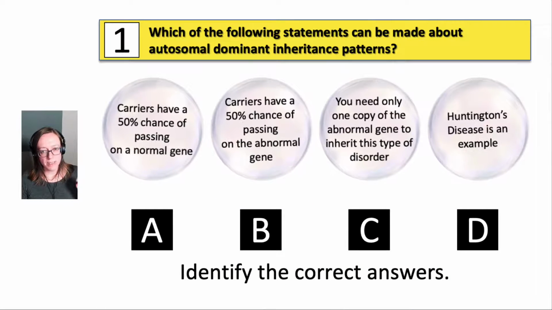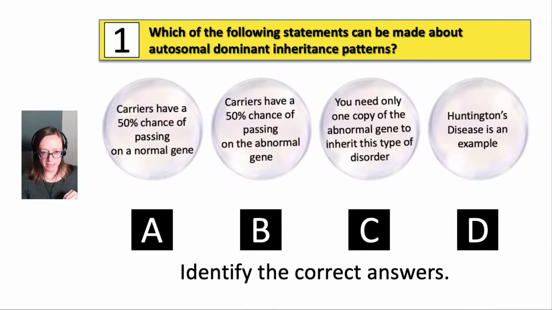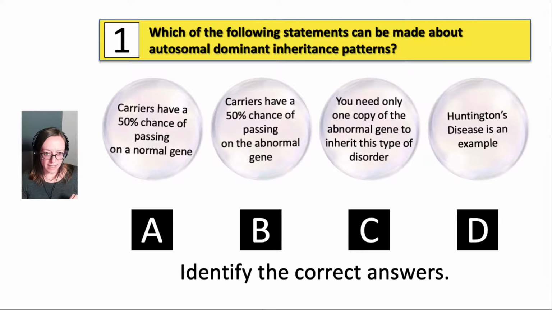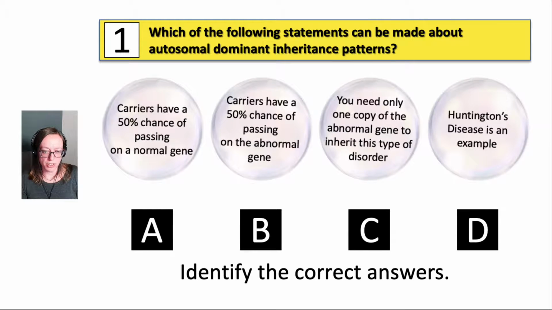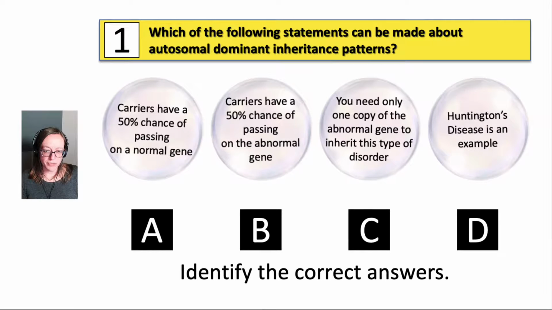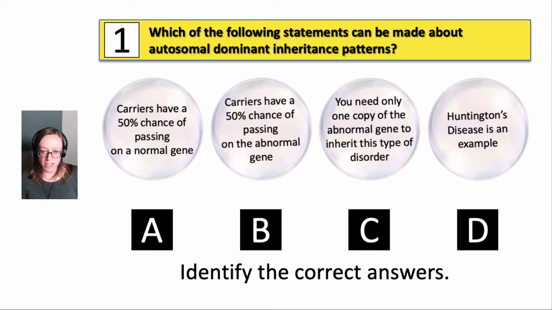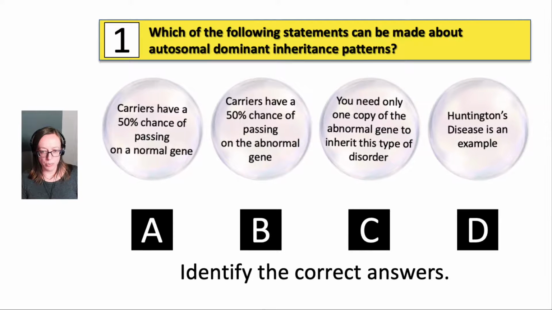Which of the following statements can be made about autosomal dominant inheritance patterns? A, carriers have a 50% chance of passing on a normal gene. B, carriers have a 50% chance of passing on the abnormal gene. C, you need only 1 copy of the abnormal gene to inherit this type of disorder.